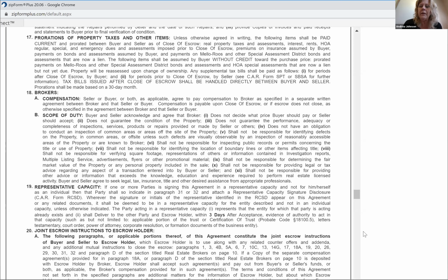Now, if they're using an impound account, their lender may be collecting sufficient taxes as part of their monthly payments, and as part of setting up their impound account, to cover at least a portion of that supplemental tax bill.